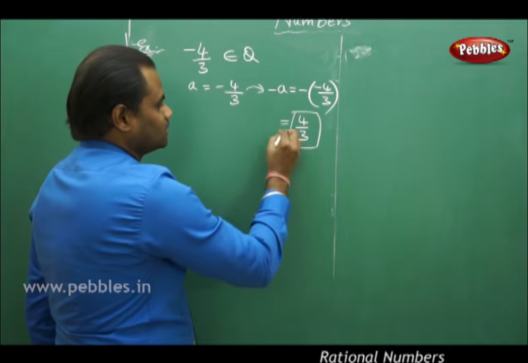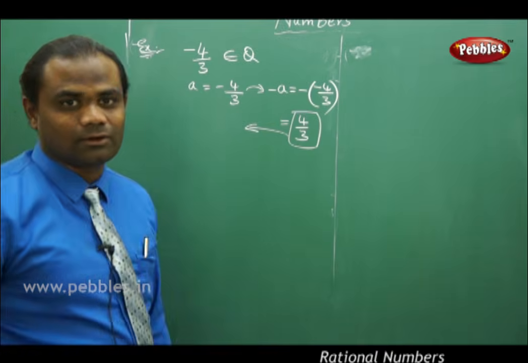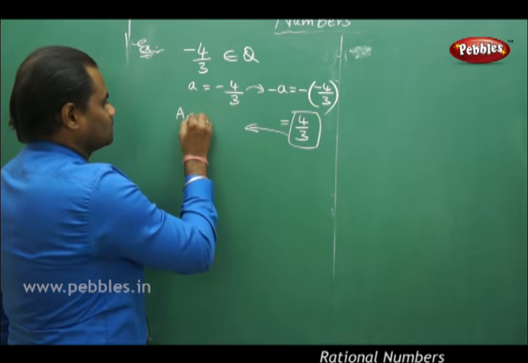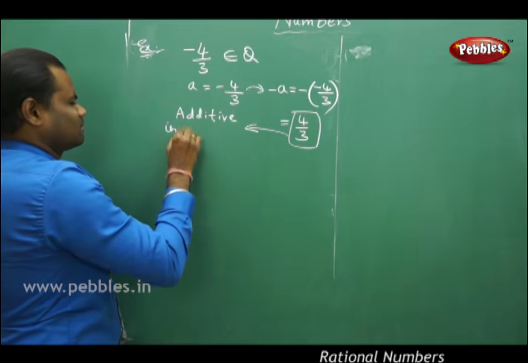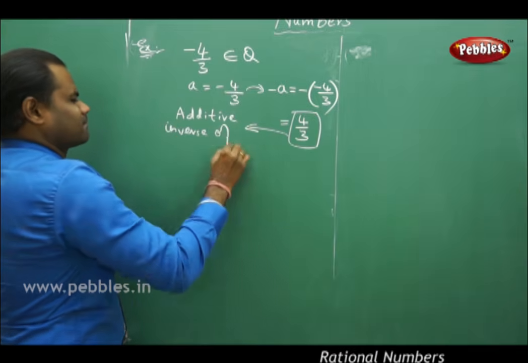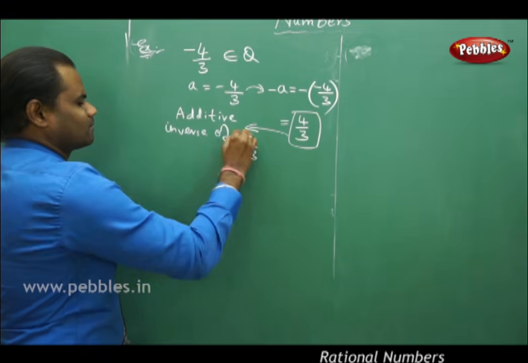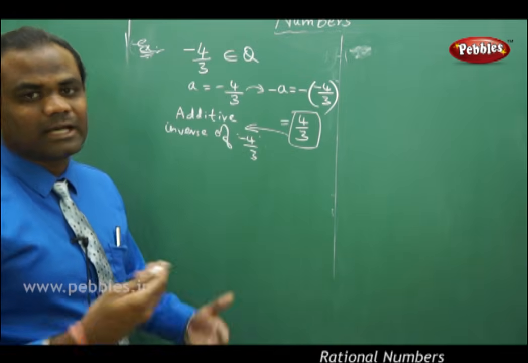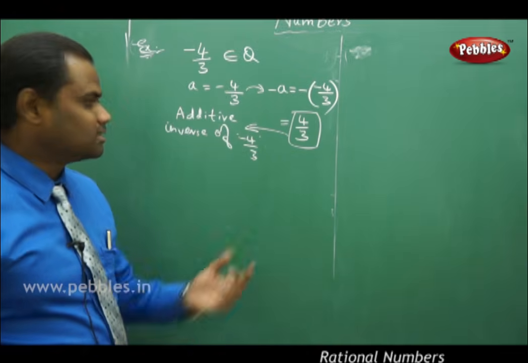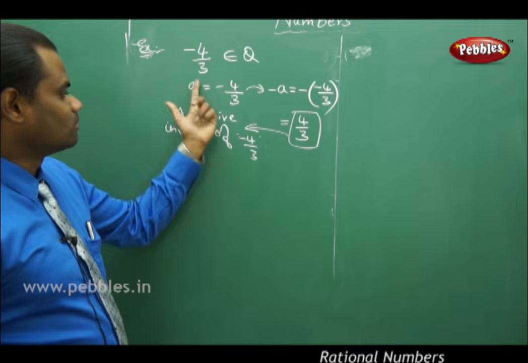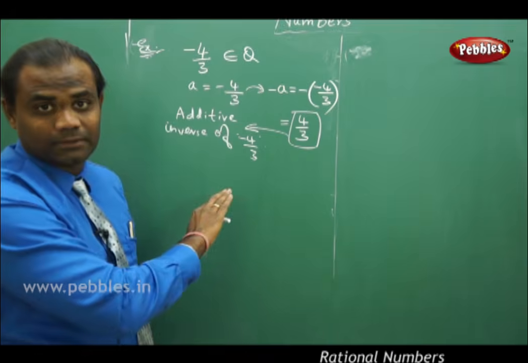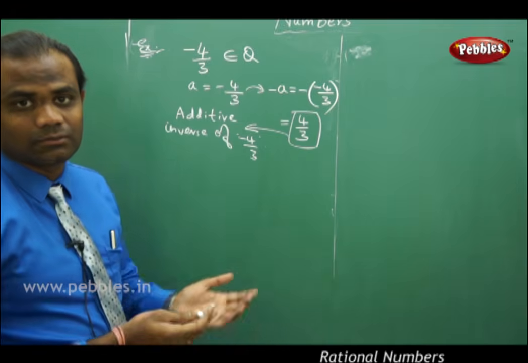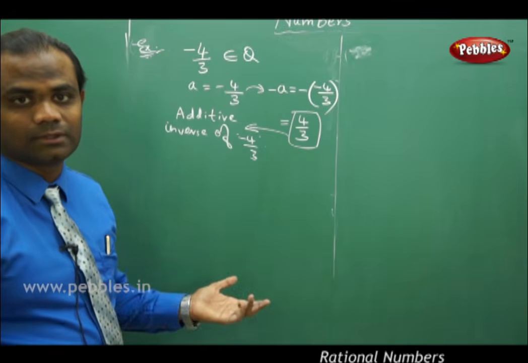So this will be the additive inverse of A. This is how I develop the additive inverses of numbers by just changing the sign. So minus 4 by 3 would be plus 4 by 3, and plus 4 by 3 would be minus 4 by 3. So reversing the signs gives the additive inverses of each other.